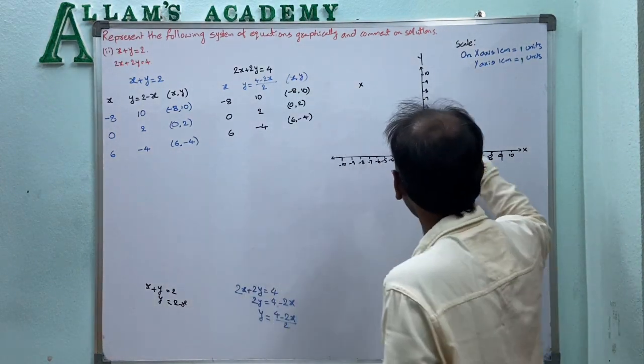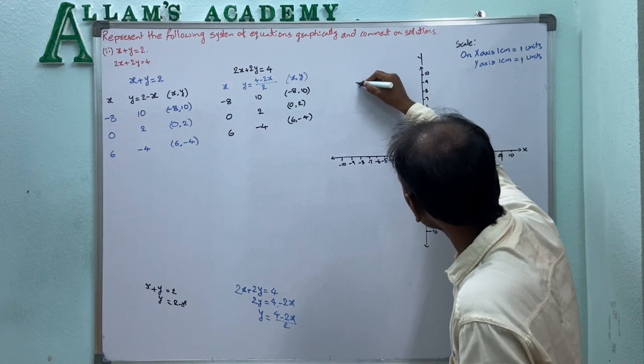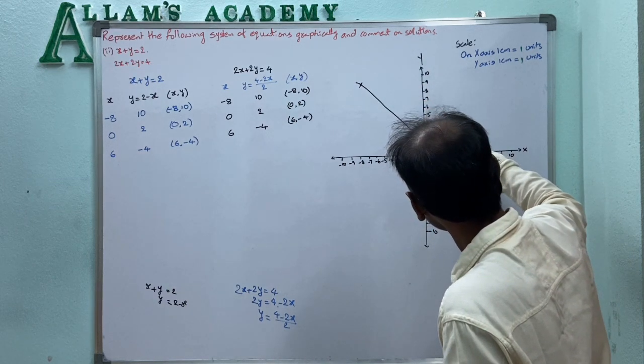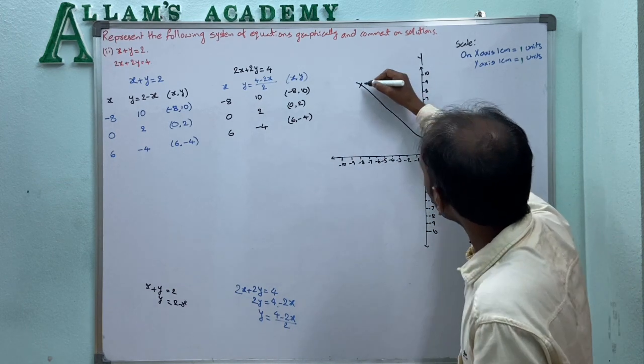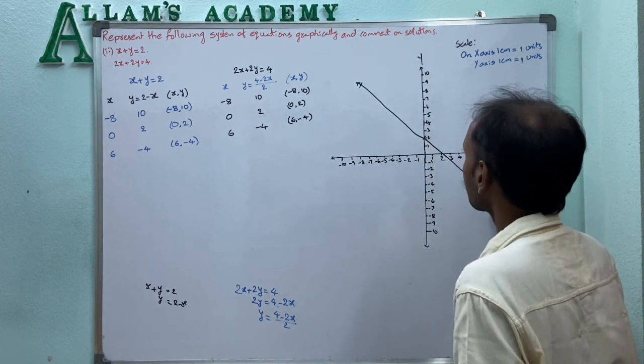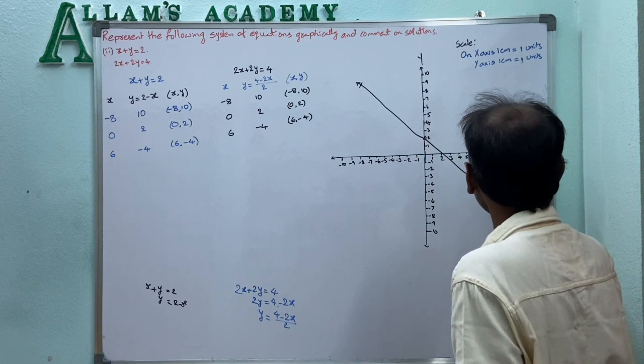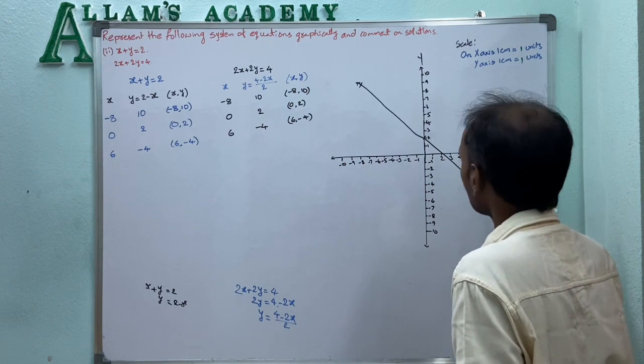Now if we join the points, we get a straight line, and that is x plus y equal to 2.